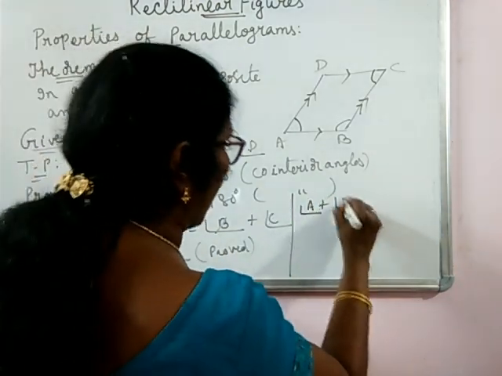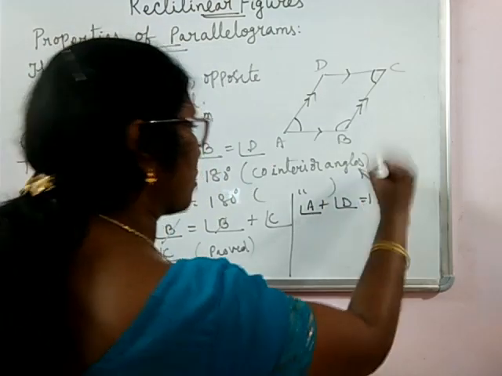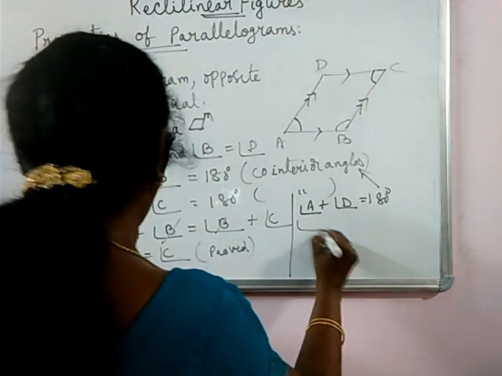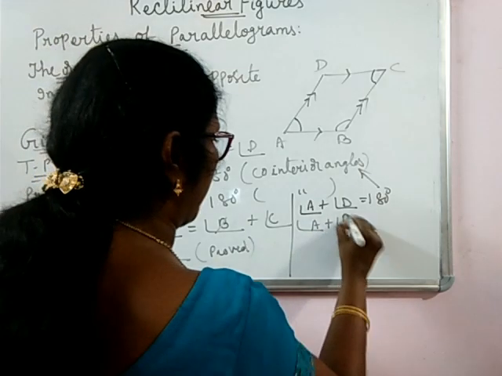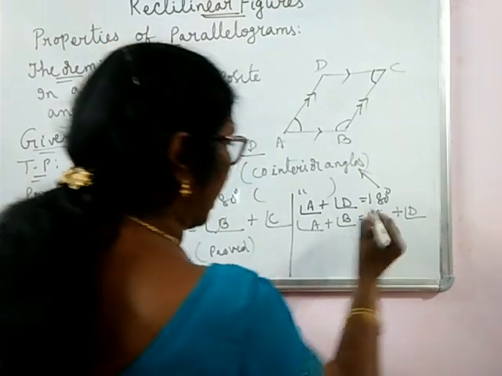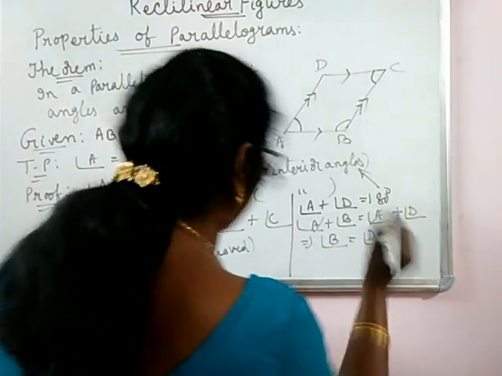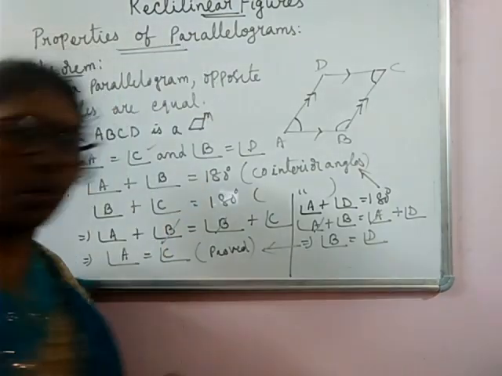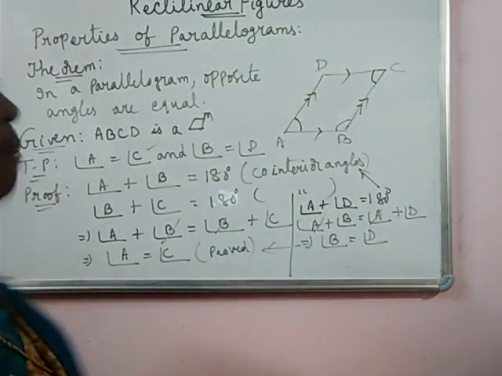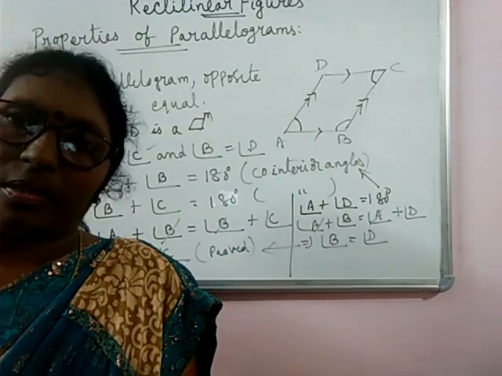Angle A plus angle D is also equal to 180 degree because of the same reason. So angle A plus angle B is equal to angle A plus angle D. When angle A is cancelled, angle B is equal to angle D. So this is also proved. So in a parallelogram, opposite angles are equal.